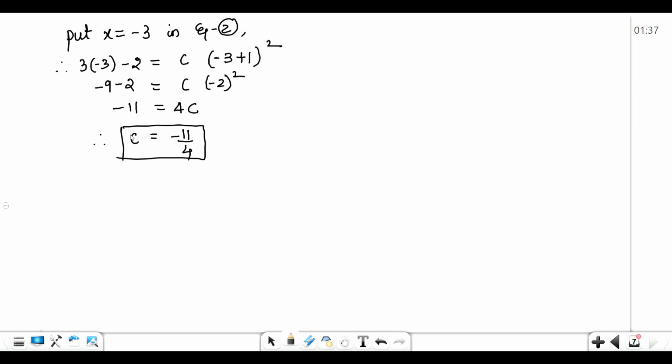So we have got the value of B, we have got the value of C. Now we don't have any values left to equate to 0, so for that we'll take a random value. Let's take x equal to 0 in equation 2.